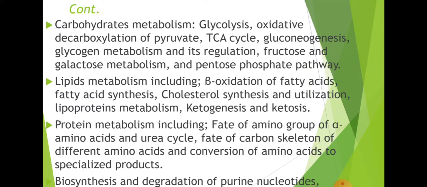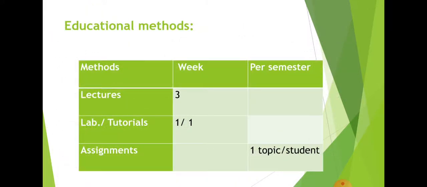Regarding the lipids, we'll talk about beta oxidation, fatty acid synthesis, cholesterol synthesis, utilization, ketogenesis, and ketosis. For protein, we talk about the fate of amino acids, urea cycle, urea formation, and the carbon skeleton of different amino acids. Lastly, we will talk about the biosynthesis and degradation of purine and pyrimidine nucleotides.